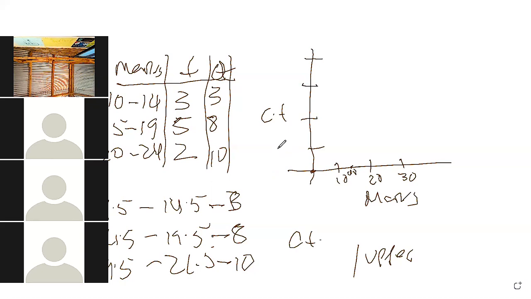Let's say this is 5, 15, 20. So you plot the 14.5 with 3. You plot the 19.5 with what? The 19.5 with 8. From this one here, you locate where it is, and then you plot the 24.5 with 10. That's one way of working that out.